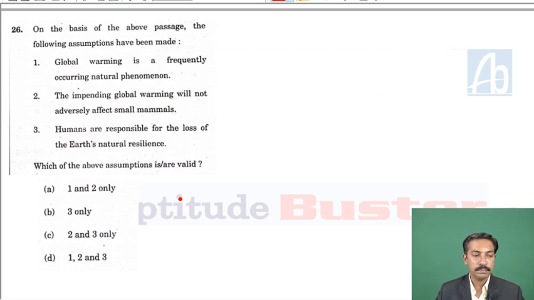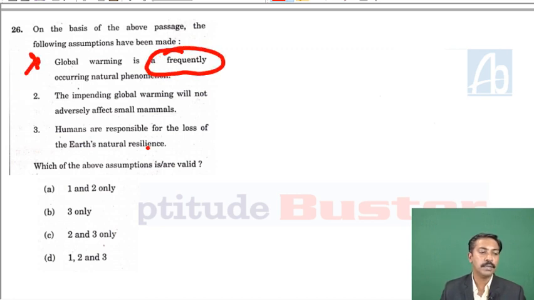From the given passage, there is no reference to say that this is a frequently occurring natural phenomenon.